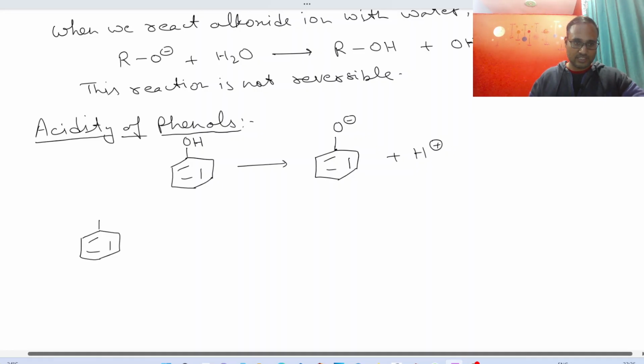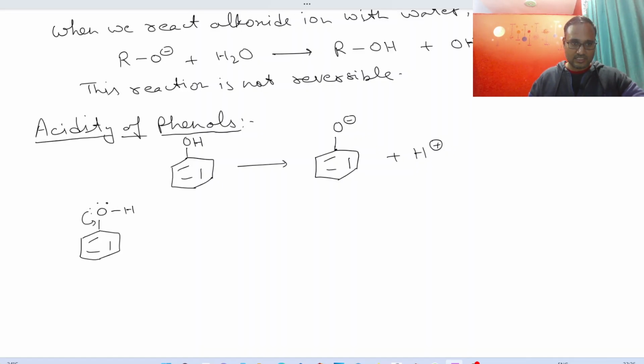So when we draw the resonating structures for phenol, we can draw them like this, with delocalization of the lone pair present on the oxygen.